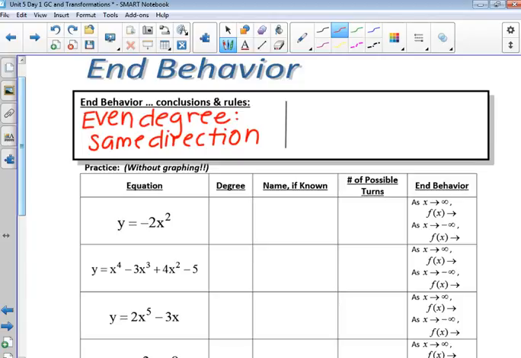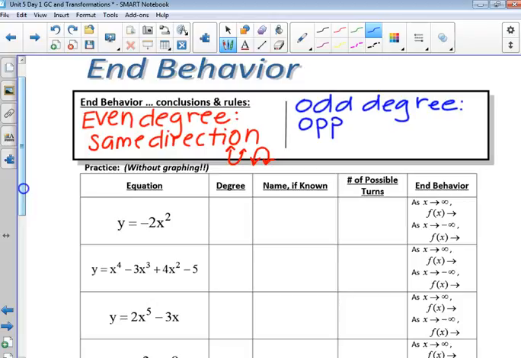So if you want, you can draw an example, like both up and both down. Give yourself some notes that make sense to you. And if it's an odd degree, we said that end behavior is in different directions, or opposite directions.